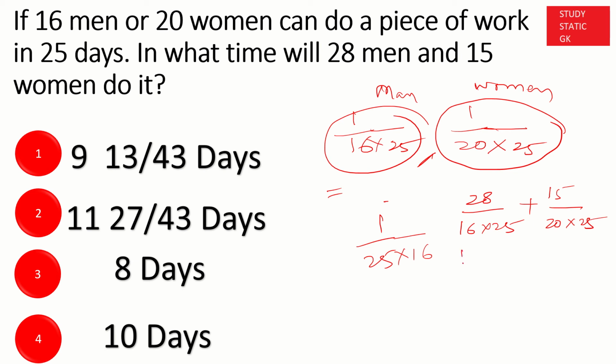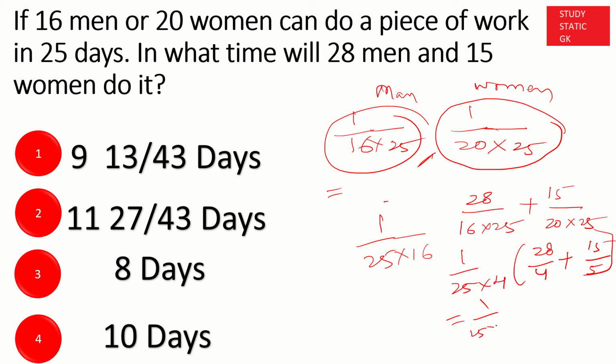Again, 25 is common here, 4 is also common here, so 28 by 4, 4 is a plus, so 15 will be there, divided, so again here 5 is there, right?